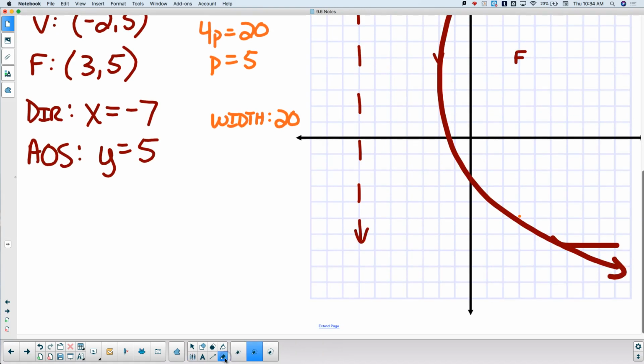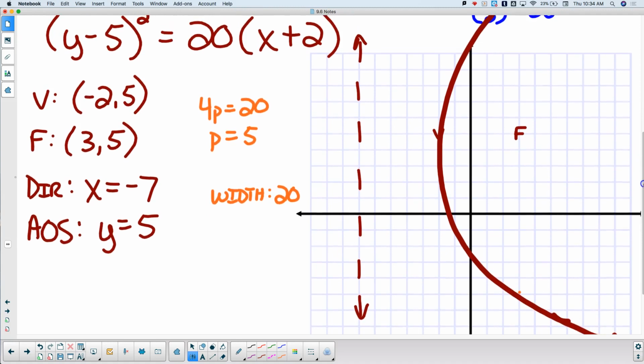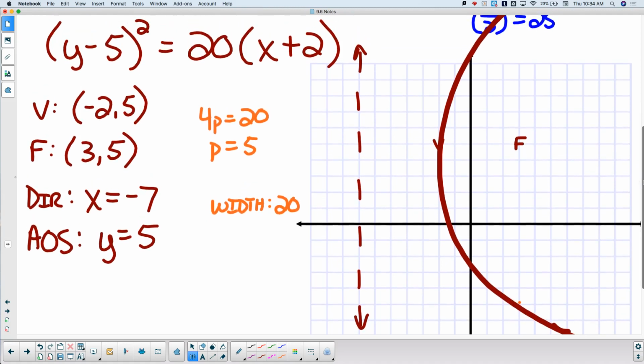Hit the bottom of the screen, that's why it flattened out. And there it is, with all the stuff that we would need to give along with it.